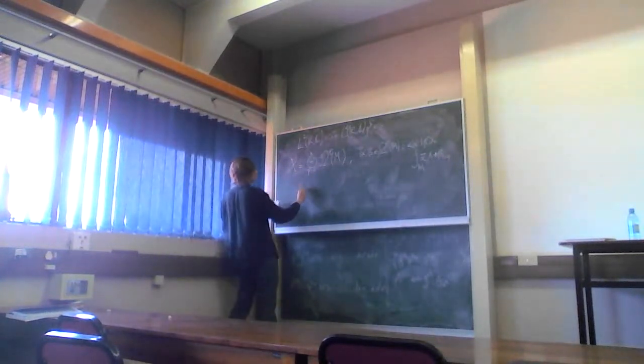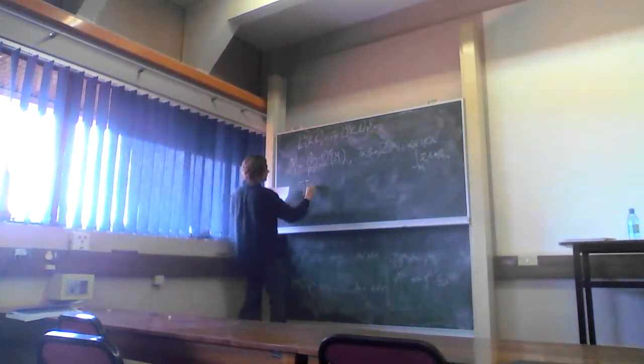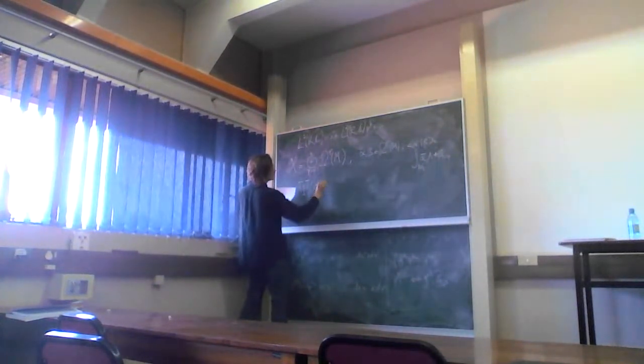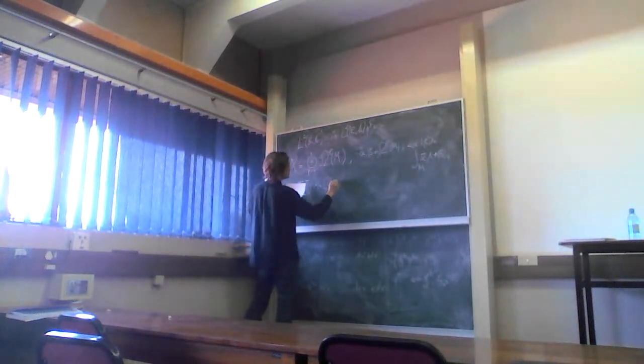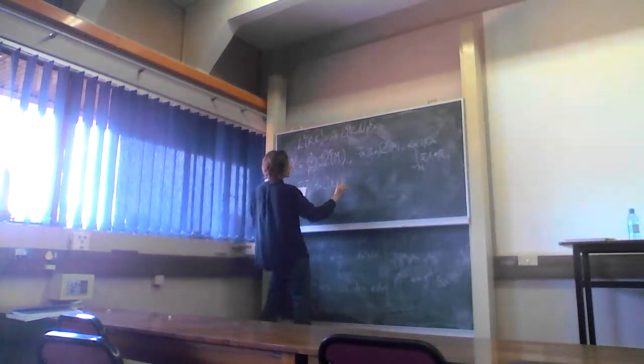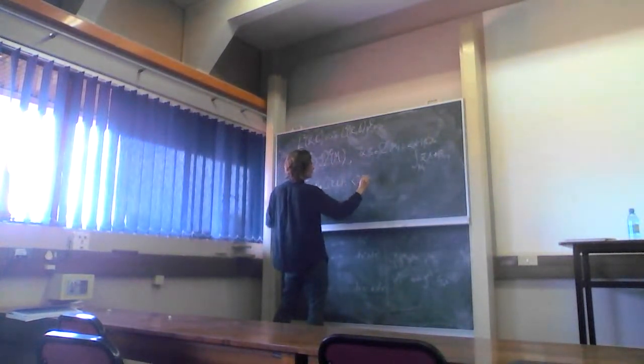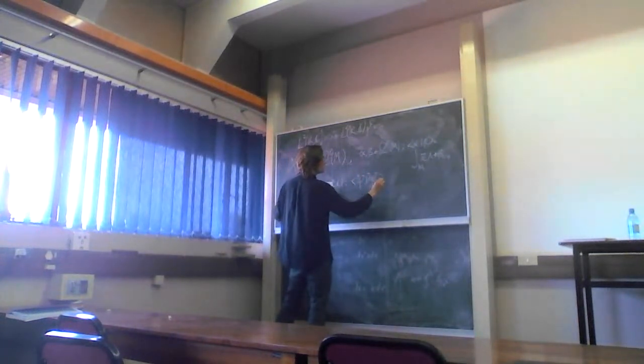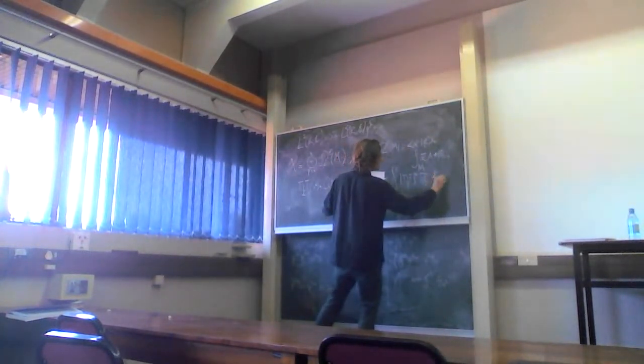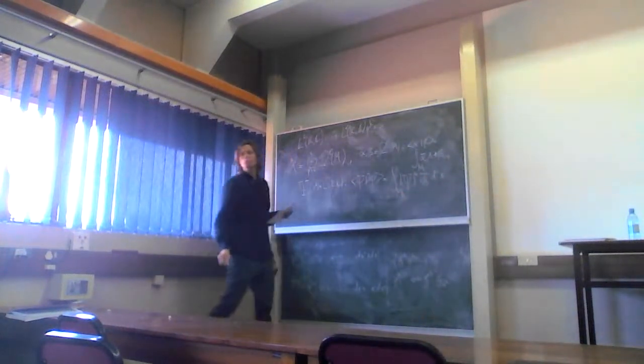If we say psi 0 of x is c, then this just becomes equal to the absolute value squared, but now with a square root of the determinant of the metric, integrated over the manifold.